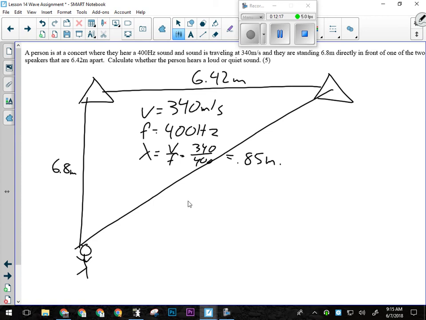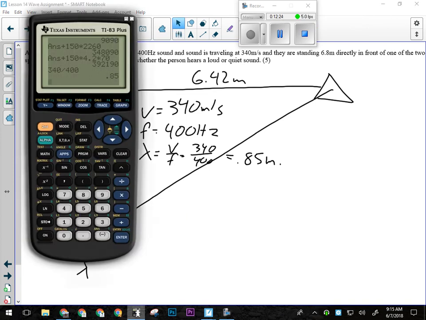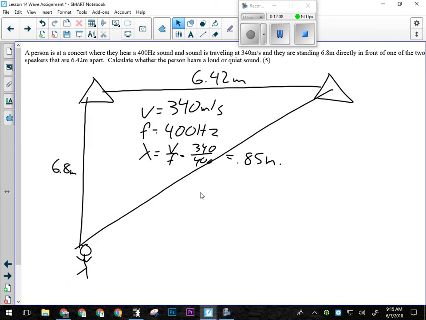What we don't have is the distance from the second speaker to the person, so we've got to do a little Pythagorean theorem to get that. We'll have the square root of 6.42 squared plus 6.8 squared. So that's going to be 9.351. We'll keep all those decimals when we do our calculations, but 9.35 meters is this side of the triangle.